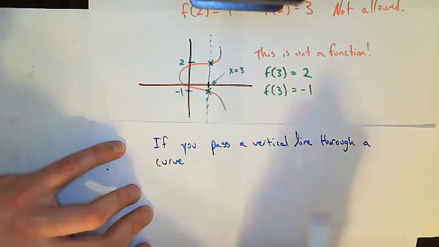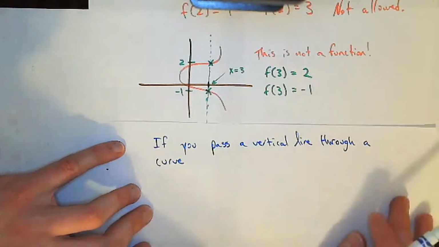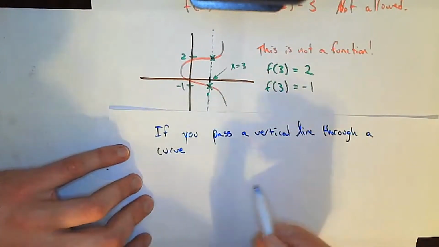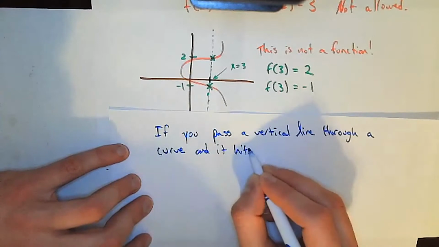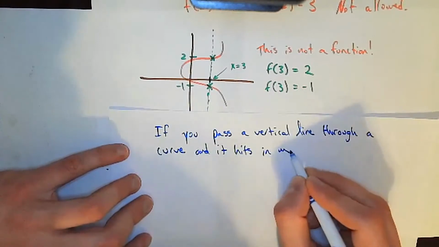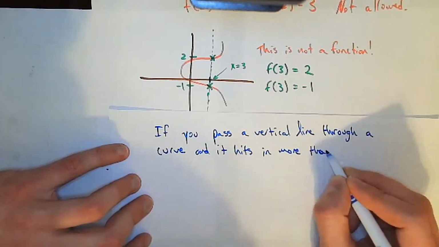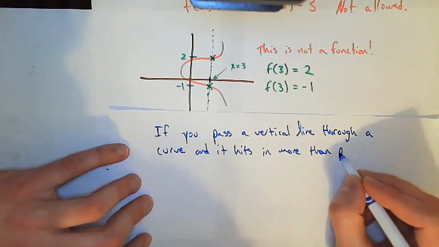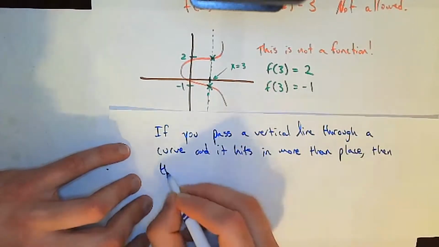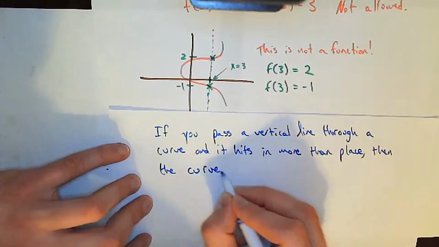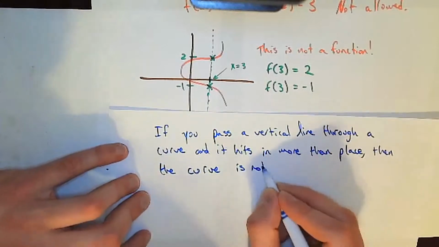If you pass a vertical line through some shape on a coordinate plane, and it hits in more than one place, then that shape, which I'm calling a curve, is not a function.